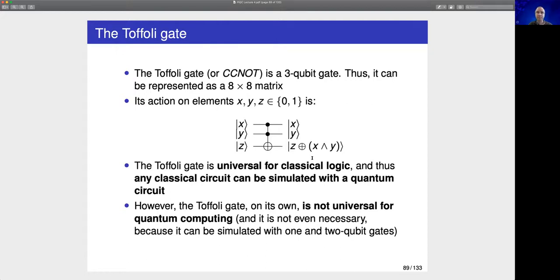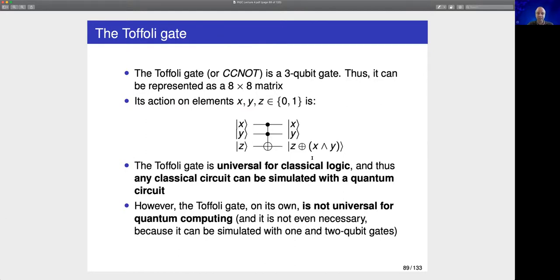And this is an important gate because with this gate, we can construct any classical circuit that you can do with classical gates, with the AND gate, with the OR gate, with the NOT gate, and all those gates that you know from digital computing. Why is it the case?